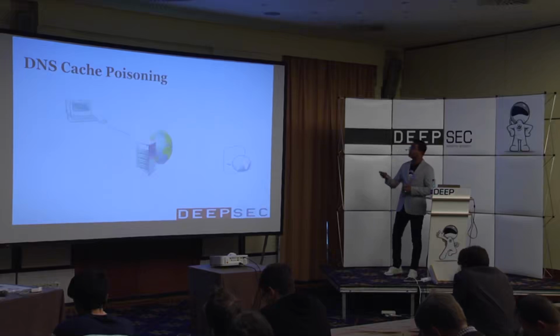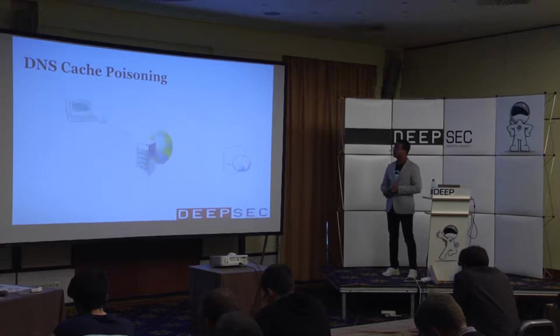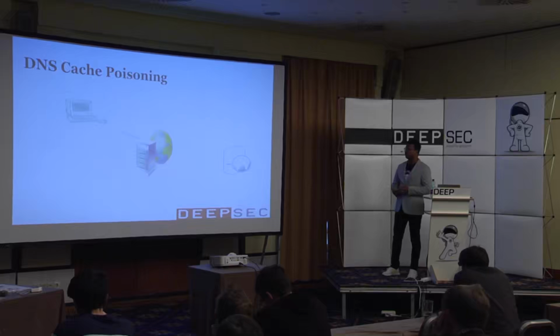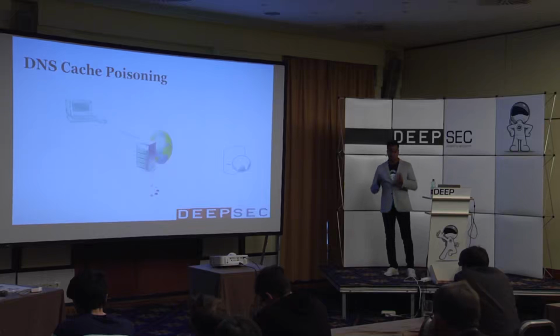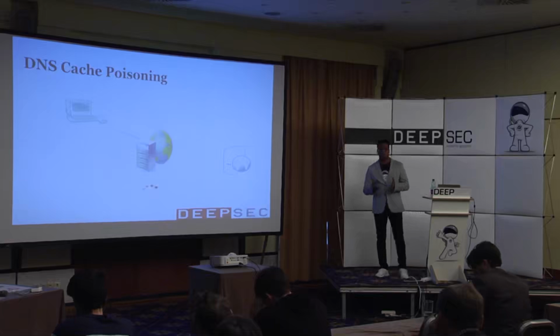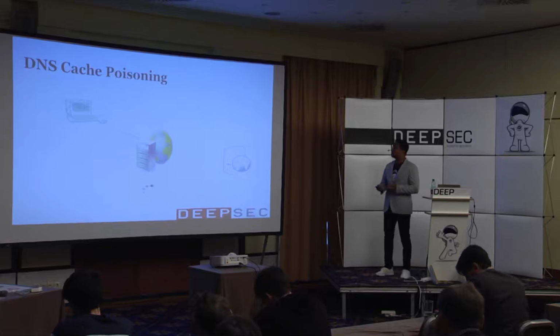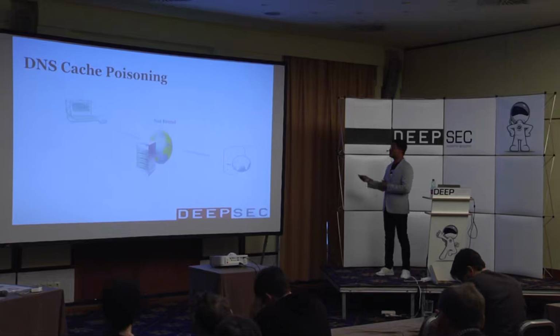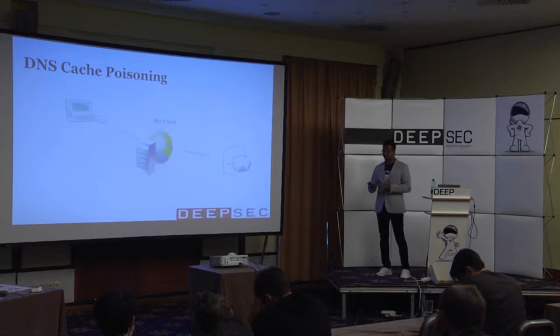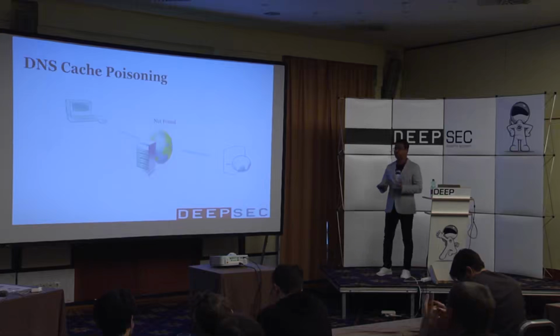Your computer asks your local domain name server for a particular IP address, and it searches for it internally. If the cache of the local DNS does not have that particular website, it goes to the ISP and checks for the resolution of that particular IP address.